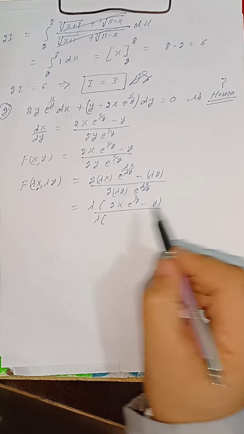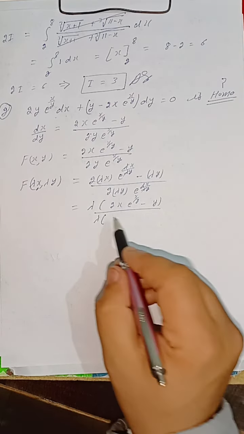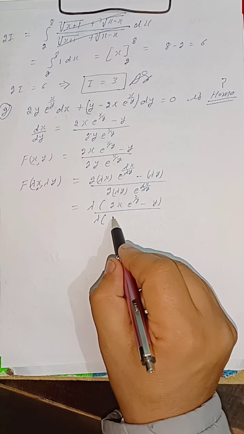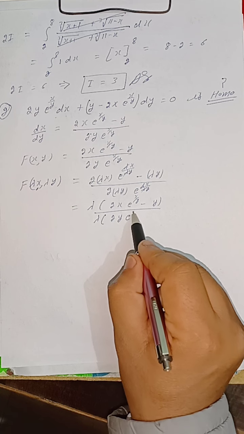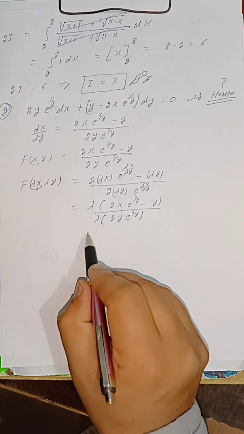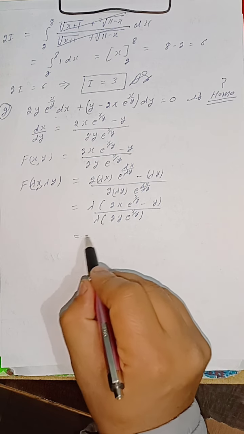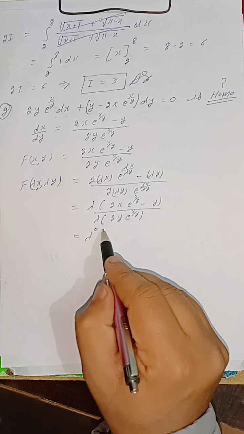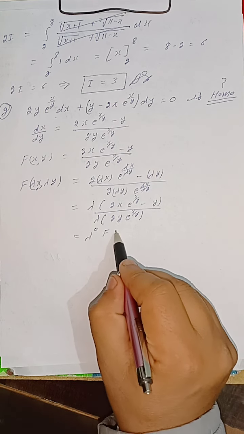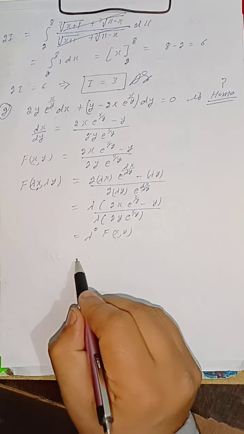Lambda we can also get in the denominator, so we'll have 2y e raised to power x upon y. Here we have lambda raised to power 0, and this is the same function, that is f of x, y.